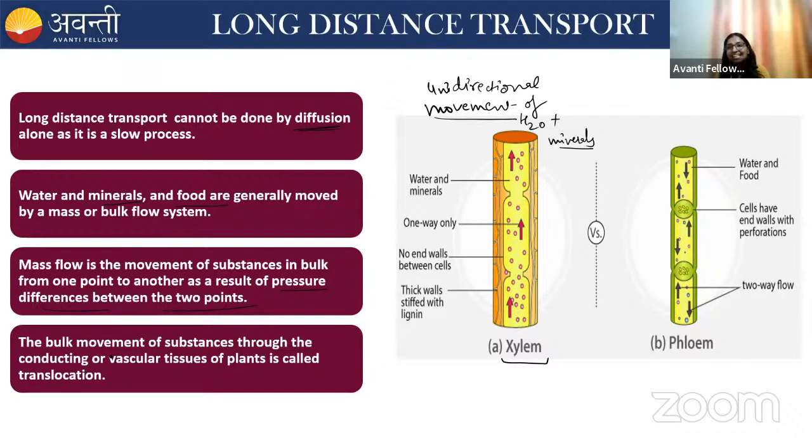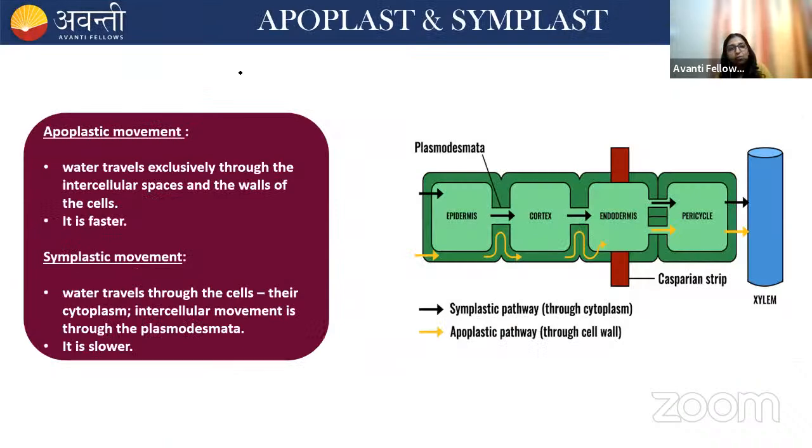In phloem, bidirectional movement occurs. Next movement is apoplastic movement and symplastic.